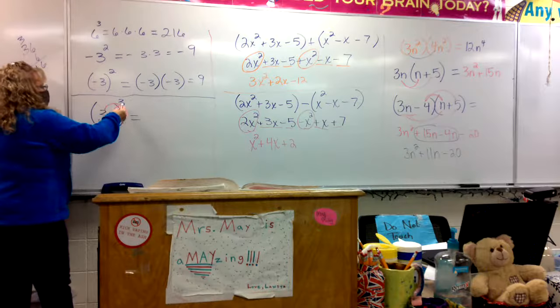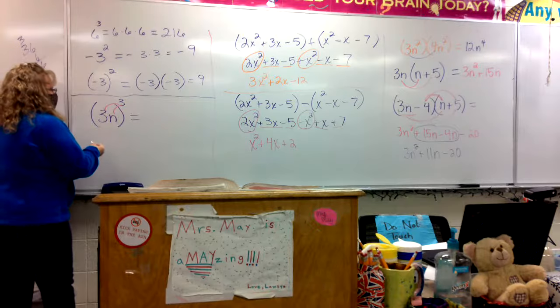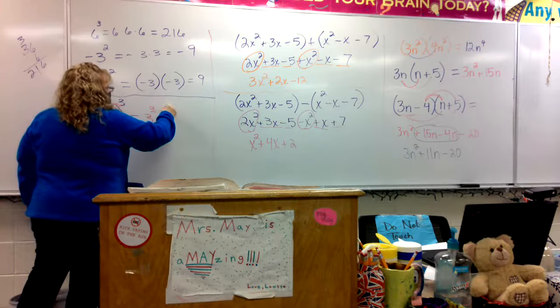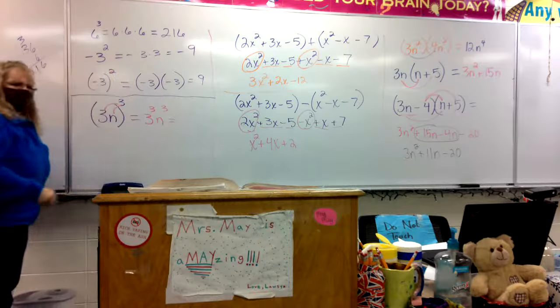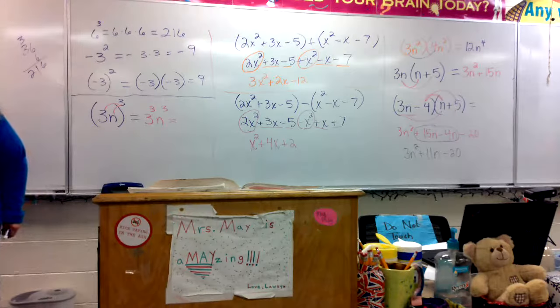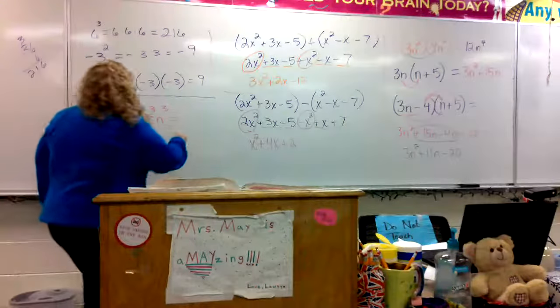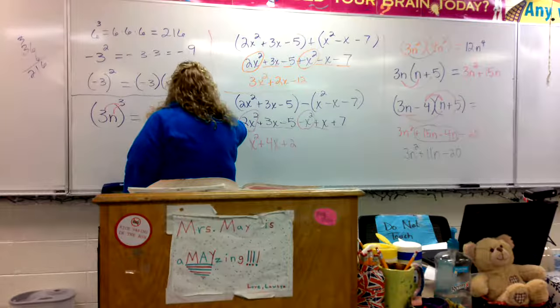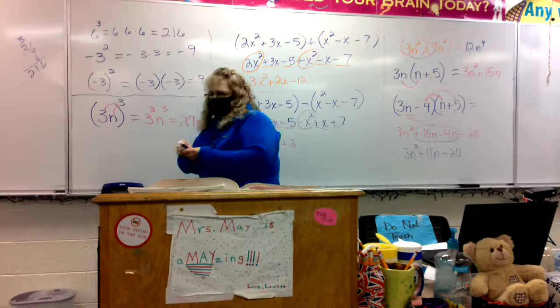So I have 3 to the 3rd power and n to the 3rd power. What is 3 to the 3rd power? Please don't tell me 9. 27. Oh, good. 27, thank you. And then n to the 3rd, you can't really do anything like that, right?